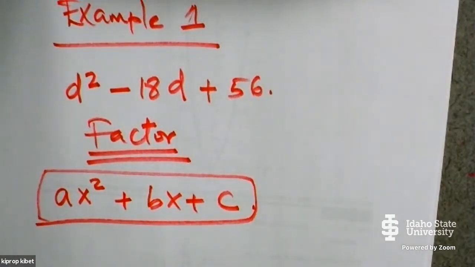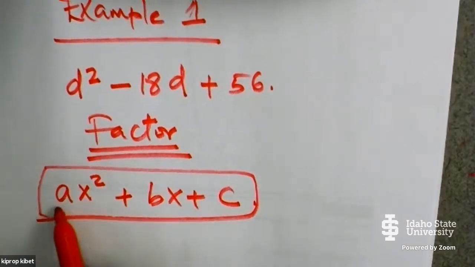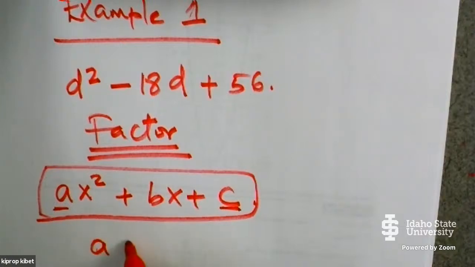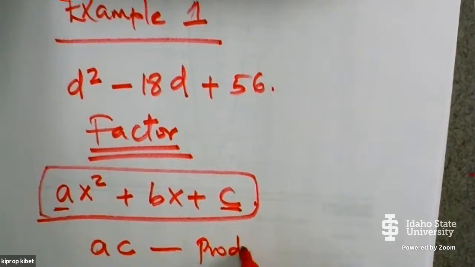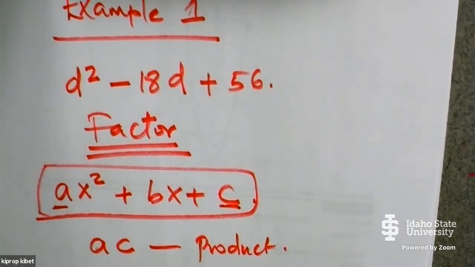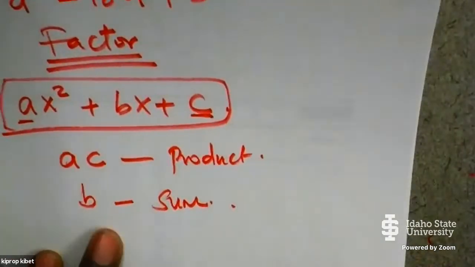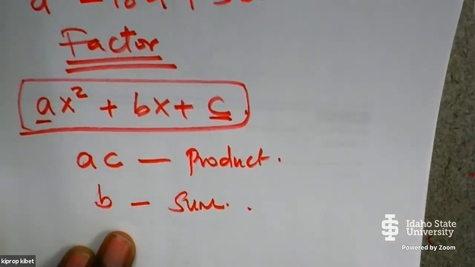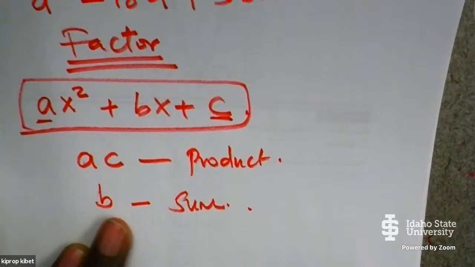For the AC method, this is a and this is c, so the product is ac, and the sum is b.